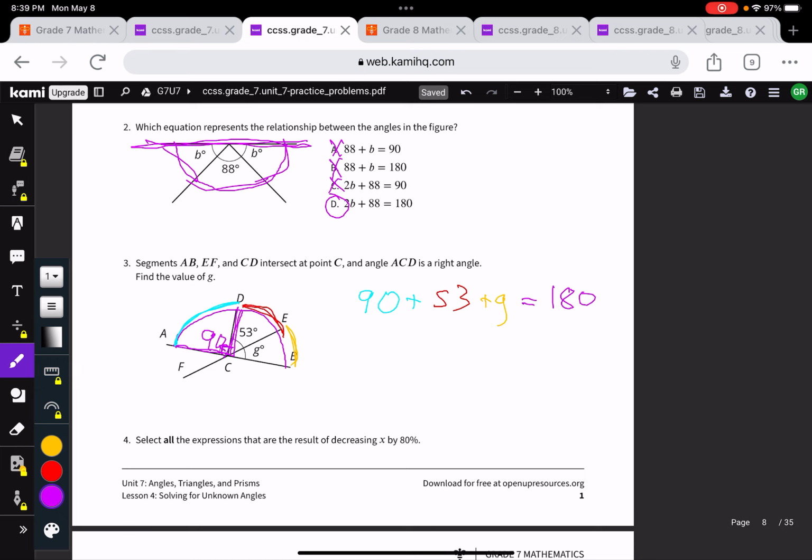So the 90 plus the 53, well, that's going to be 143 plus whatever G is. That's going to be 180.